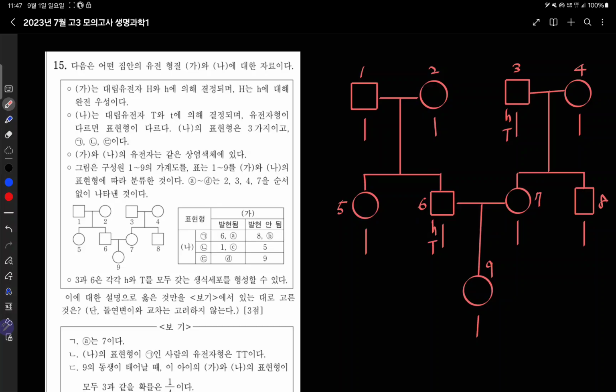At first, I'm going to assume that the first trait is dominant because more people have the first trait expressed.